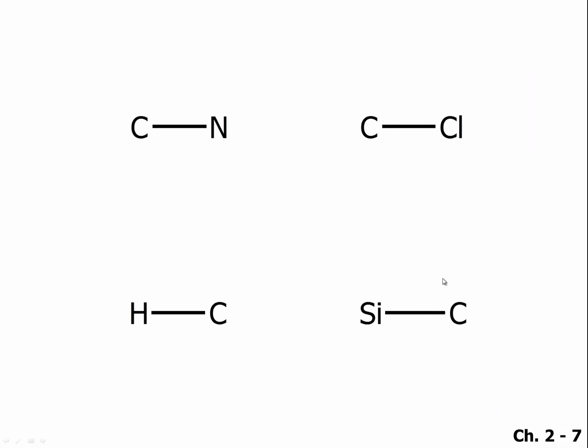Alrighty, so this brings us to a couple of examples. Our first example is a carbon-nitrogen bond. If we go back to our electronegativity table and look up our values, we'll notice that carbon has an electronegativity of 2.5. Our nitrogen has an electronegativity of 3.0.